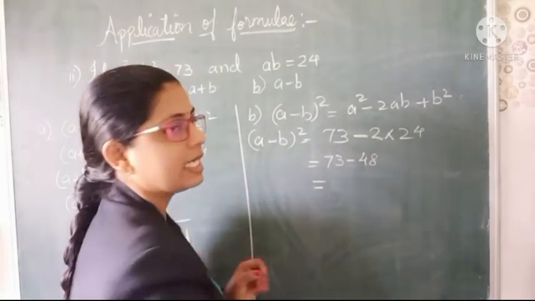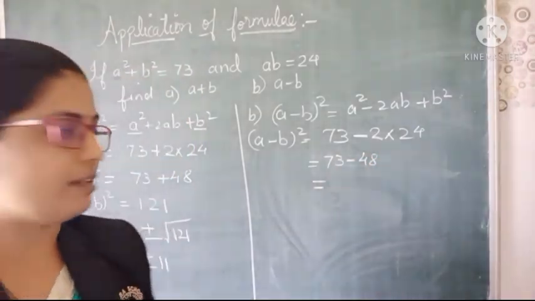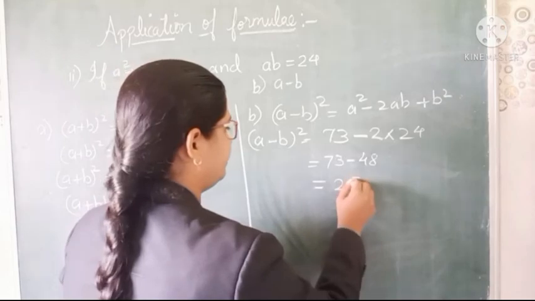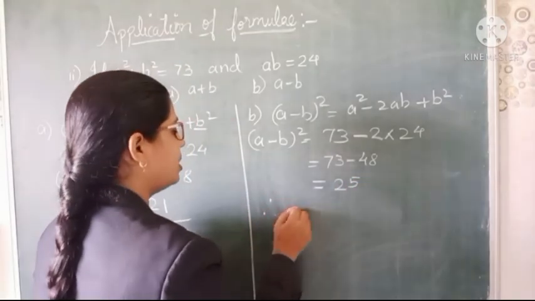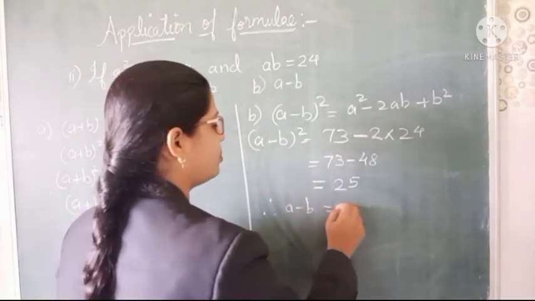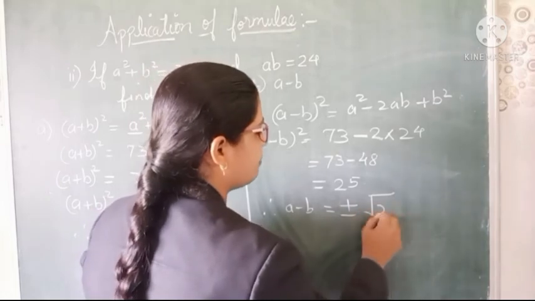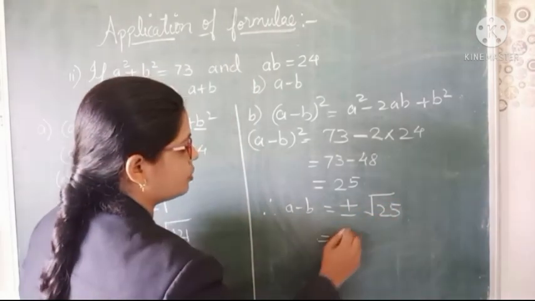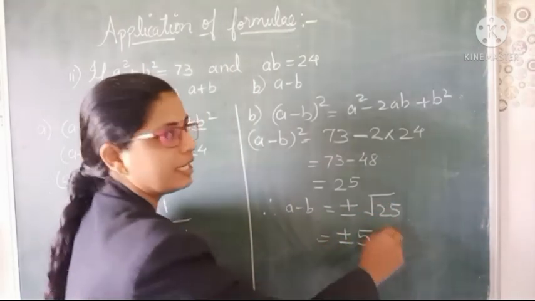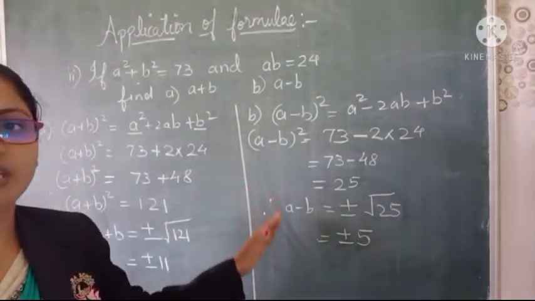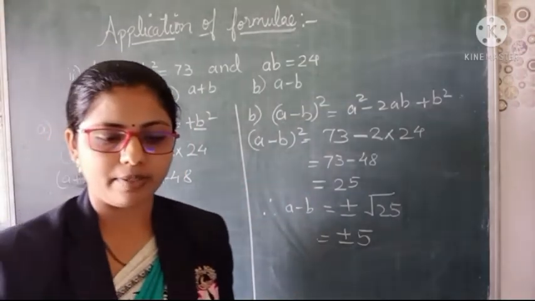So here you will get the answer as 25. Therefore, a minus b equals plus minus square root of 25 equals plus minus 5. So in this way you can solve the example.